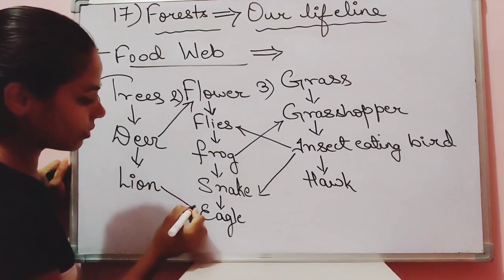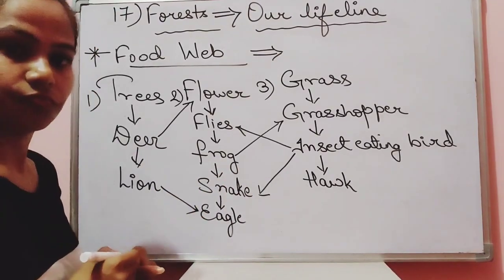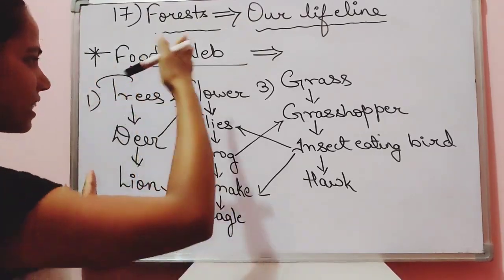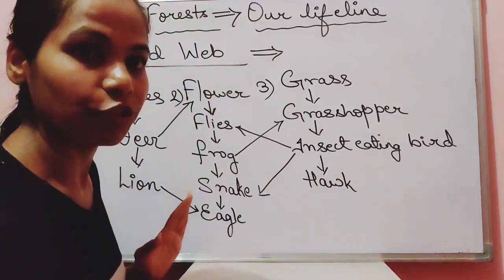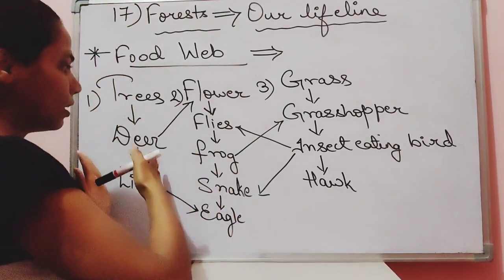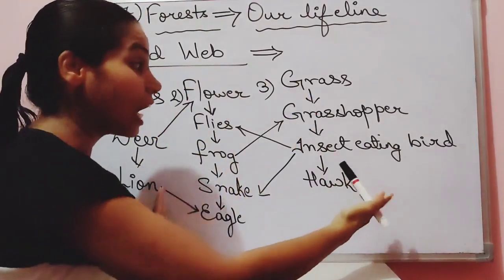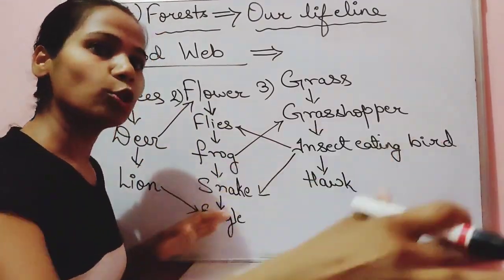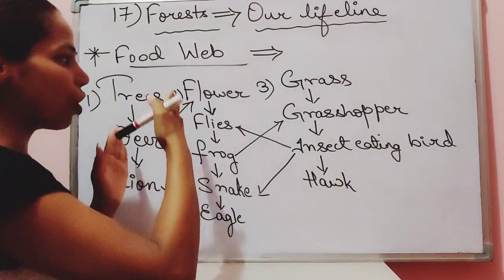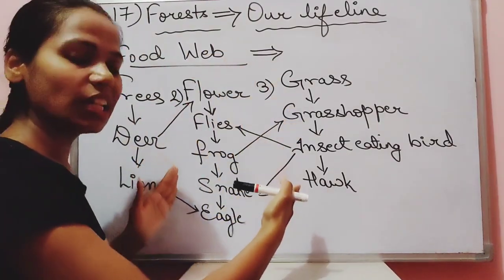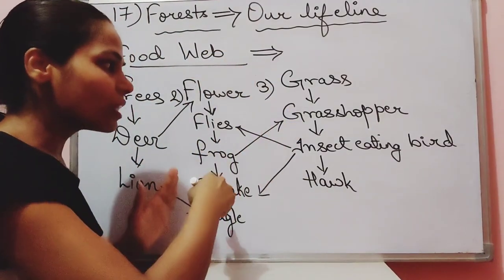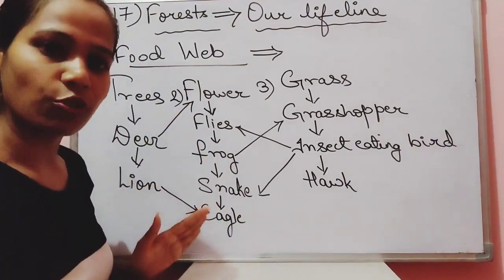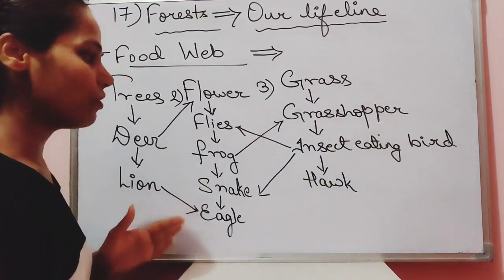Lion also can eat eagle, if it catches it. So these things are actually interconnected if you observe. Different food chains are also dependent on each other up to some extent. Smaller organisms are eaten by the larger one, or you can say the herbivorous are eaten by carnivorous, carnivorous are eaten by the omnivorous. That kind of chain we are having over here.